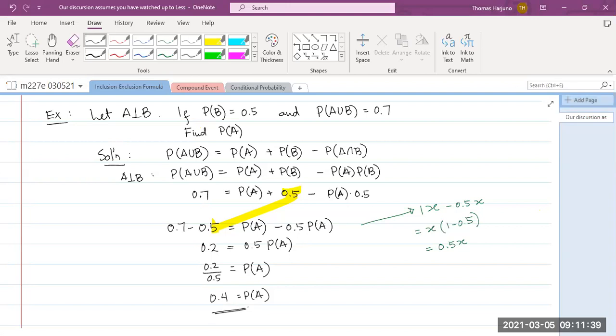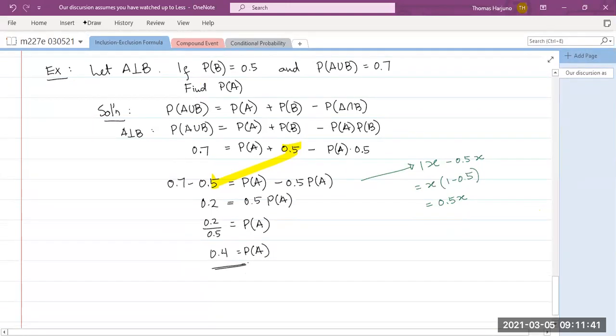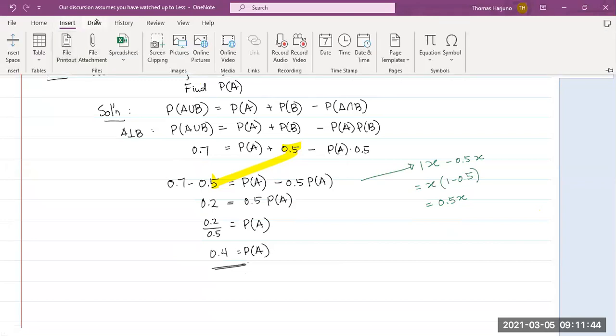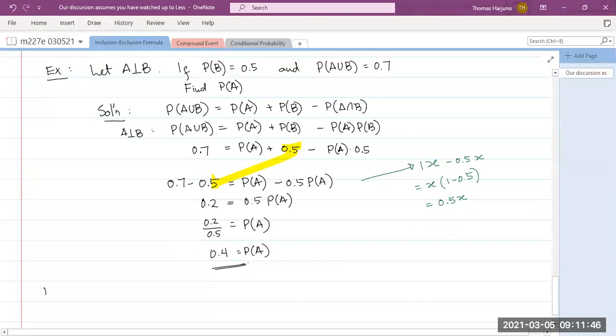Okay, now let's try a problem very similar to that. I hope you can replicate that. Let's say, for example, let A be independent of B. If probability of A is, let's say, 0.4, and probability of the union is, let's say, 0.7.